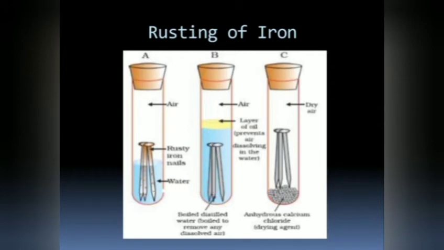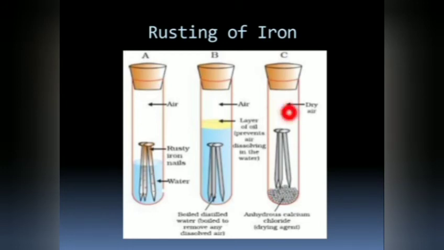And in the third test tube C, we have anhydrous calcium chloride, which is nothing but a drying agent. What is the role of anhydrous calcium chloride? It absorbs any water content which is present inside the test tube. So in this test tube we have only dry air. There is no moisture.